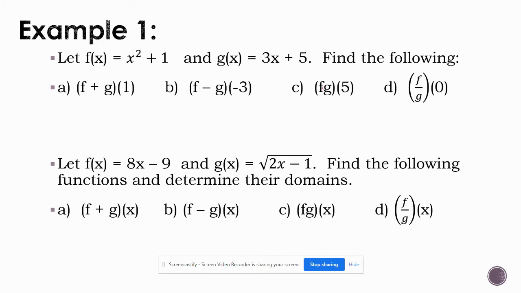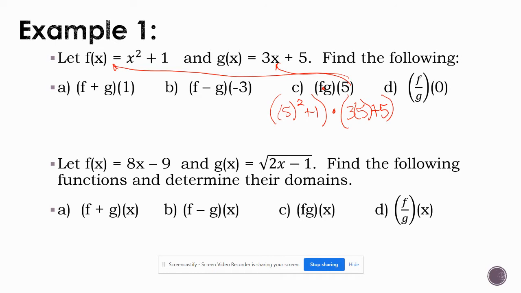For C, this is asking us to plug 5 in for x's in both g and f, find their answers, and multiply the answers together. So for the f function, we have 5 squared plus 1 times the g function of 3 times 5 plus 5. 5 squared is 25. 25 plus 1 is 26. 3 times 5 is 15. 15 plus 5 is 20.